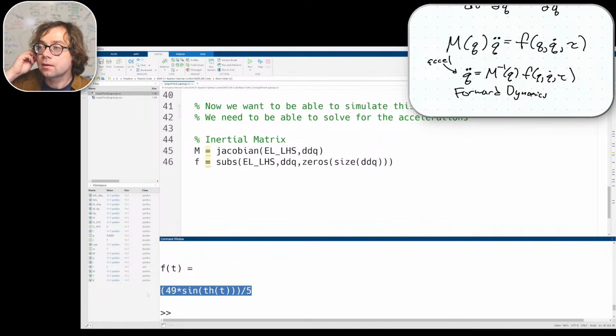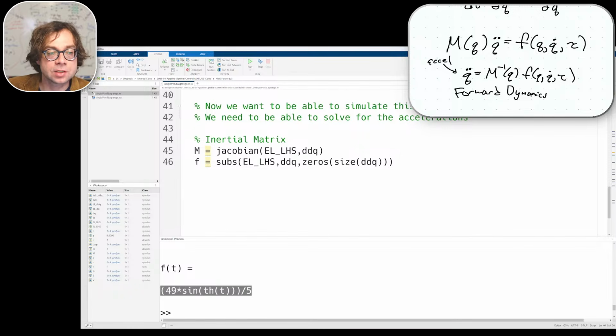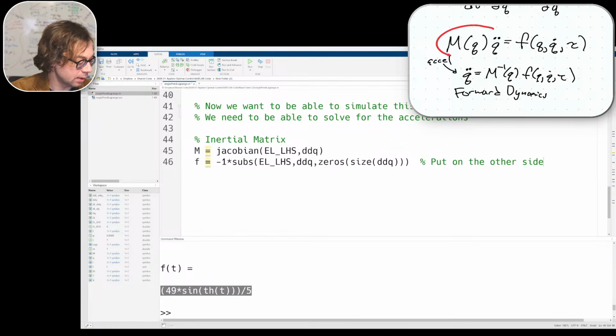How about that? Isn't that neat? So there we go. We have to put it on the other side, so we're going to do a -1 times. Meaning we took everything that was remaining on the left side and put it on the right side, which means we have to multiply it by -1, of course. Okay? Now we have M and F.